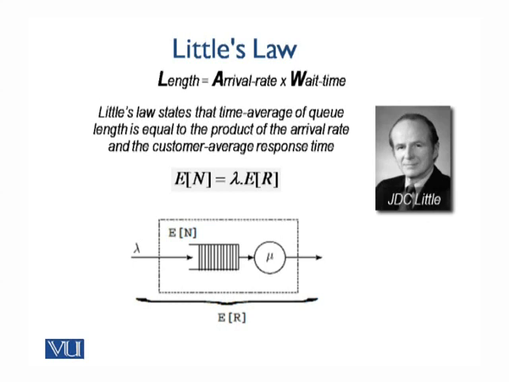In fact, if you observe queuing theory literature, you would see that this is another representation of Little's law. It is often represented as L is equal to lambda W. And one thing that you would see if you read queuing theory literature is that there is a lot of notation, and unfortunately many of these notations do not match.